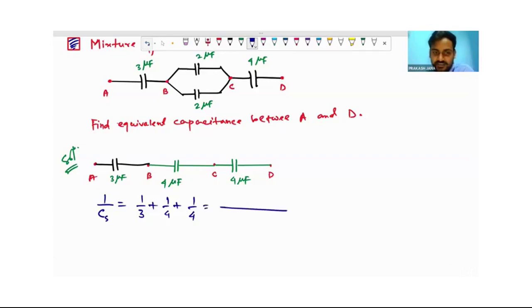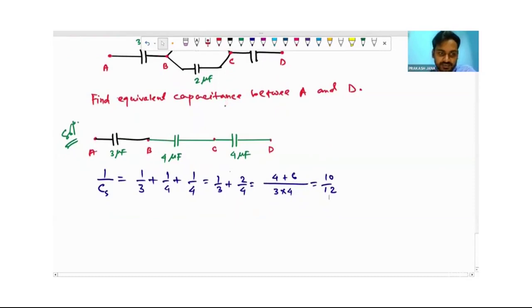What will this give? Writing it another way, 1 by 3 plus 2 by 4, so it will be 4 plus 6, that is 10 by 12. So the equivalent capacitance will be 12 by 10, that is 1.2 microfarad.